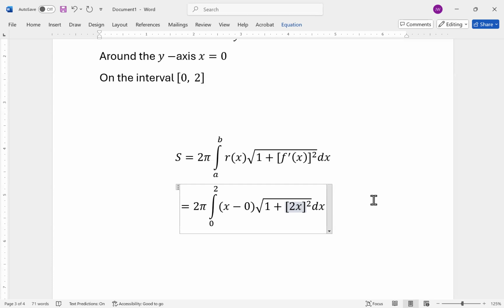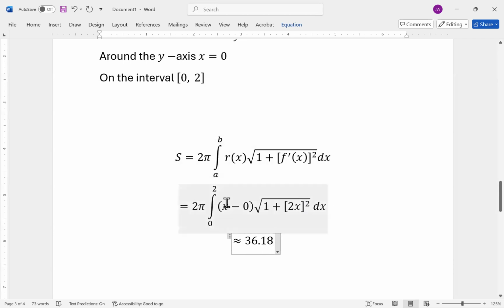I'm still not going to do it by hand because it's not worth my time, but you could. That's my point. When it's all said and done, you get approximately 36.18 using this method as well.